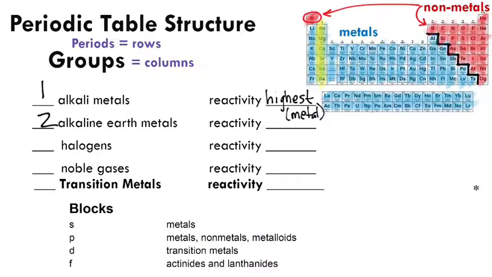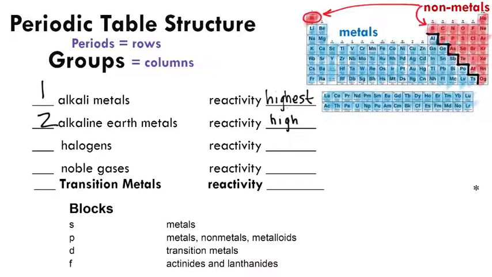I remember the difference because that second column of metals has 2 names, and the first column of metals has 1 name. These alkaline earth metals are also fairly close to being happy and full with their 8 valence electrons, but they do have to lose 2 electrons compared to that first column's 1. So they are high reactivity, but not quite as reactive as that first group.